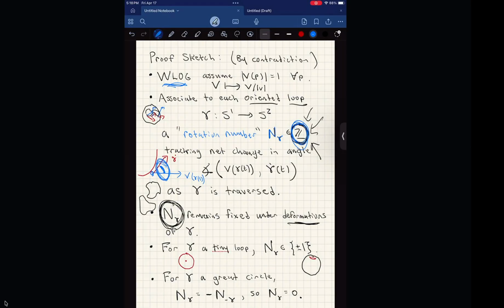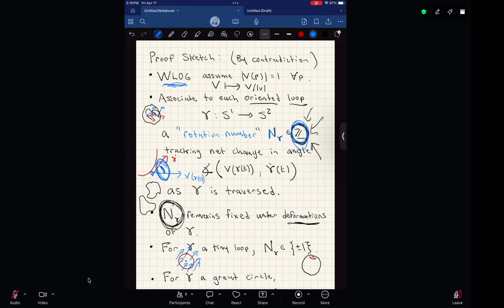And because my vector field V is continuous, if I shrink this red loop tinier and tinier, it's very close to the picture where I just have a circle in the plane and my vector field is constant. So from this, it's not difficult to see that for any loop which can be deformed from such a tiny red loop, the rotation number should be plus or minus 1, depending on whether you're going around the loop this way or this way.